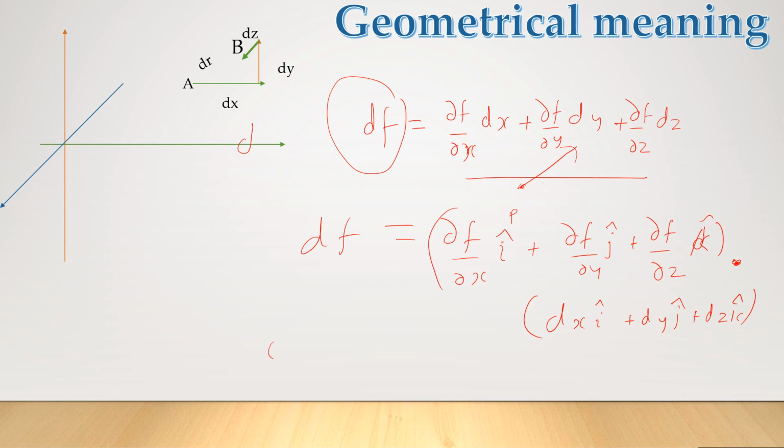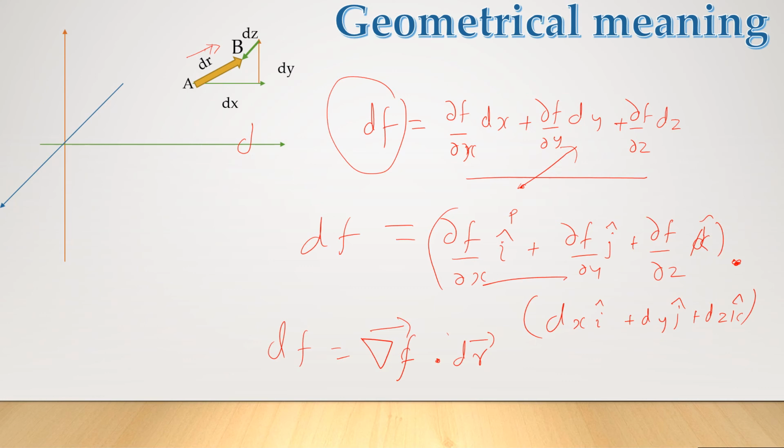Now, what is this vector? That is the gradient of the field, dotted with what is this vector? This is nothing but dx vector, dy vector, dz vector, by the vector addition rule. That is nothing but the dr vector. Therefore, this is nothing but the dr vector.